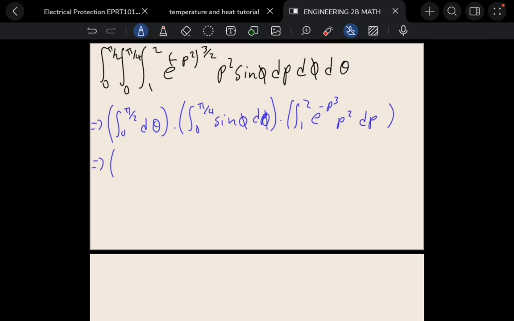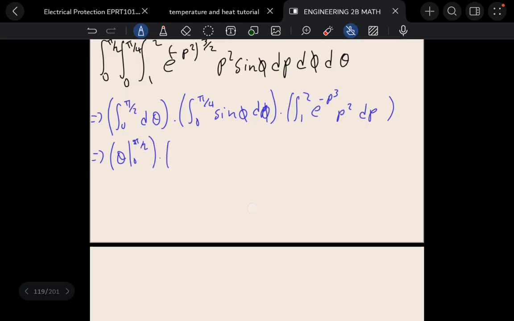Now integrating it, this one is going to be theta between 0 and pi over 2. This one is going to be negative cos phi between 0 and pi over 4.